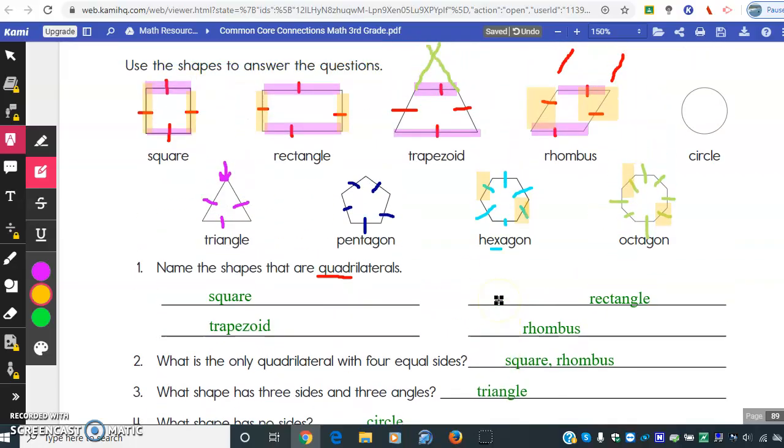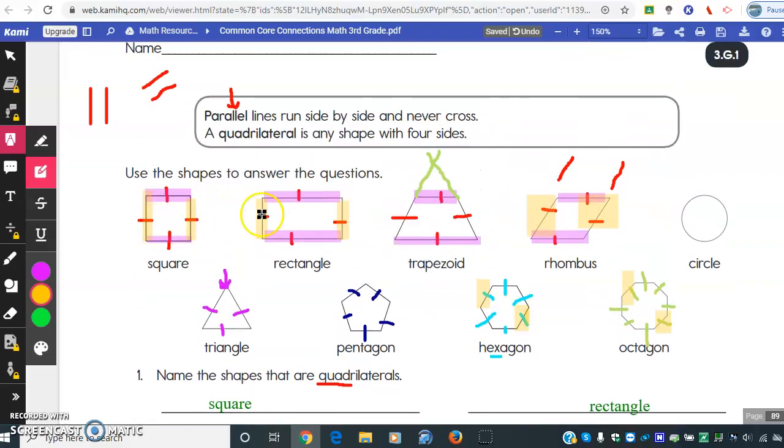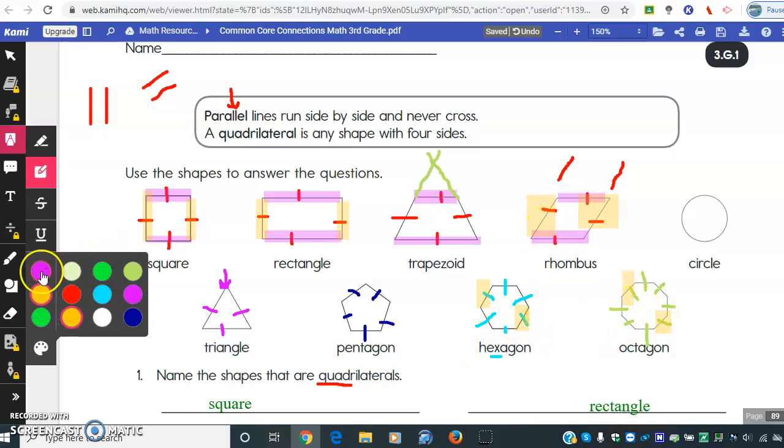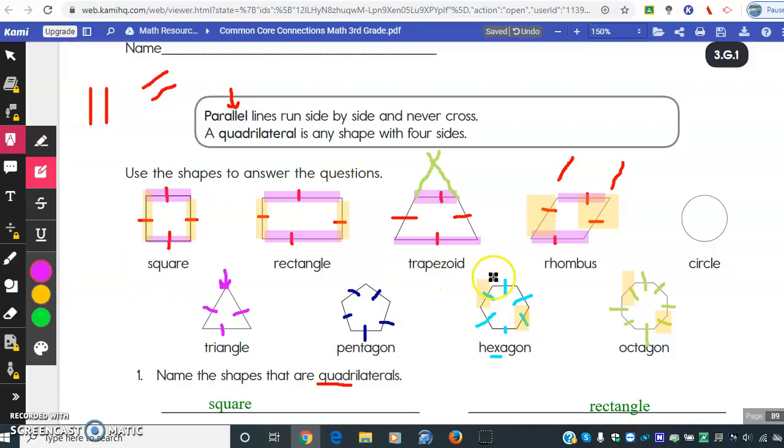And I think if I look up here, I've got 1, 2, 3, 4, 5, 6. All right? If I look carefully at my hexagon, turns out they've got a yellow set, they've got a purple set, and then, whoa, hang on a second, guess what? They also have a green set. This shape has 3 sets of parallel lines.